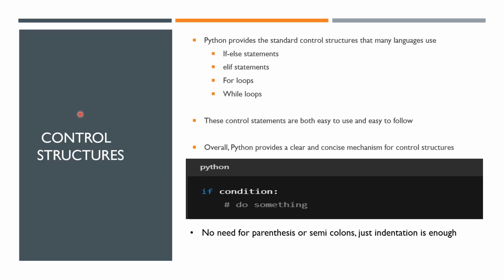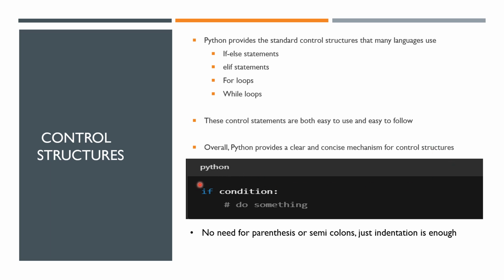Next, the control structures. Python provides standard control structures, like the if-else statements, the else-if statements, the for loops, and the while loops. These are all very important control structures that Python supports. They are easy to use and follow. Overall, Python provides a clear, concise mechanism for control structures.